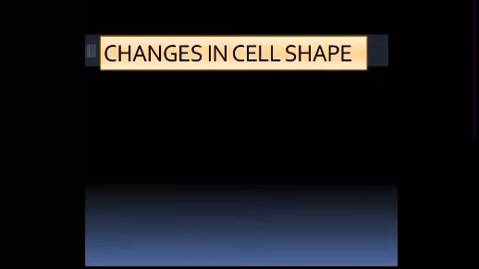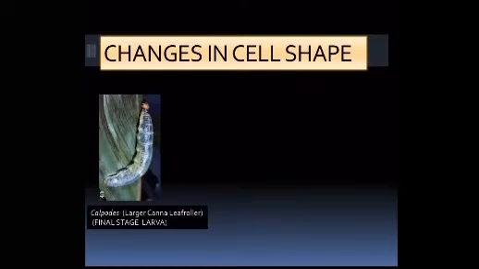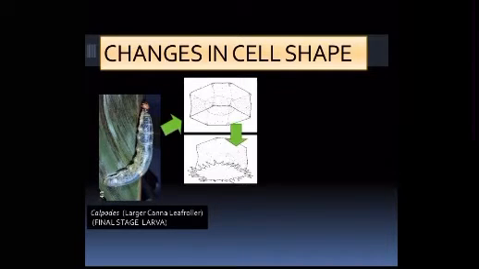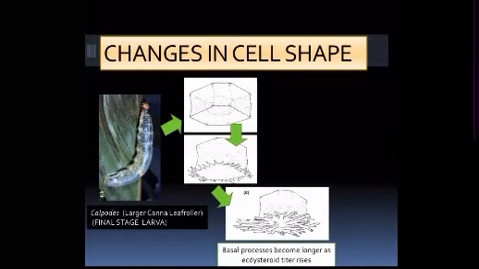Another example of change in cell shape is Calpodes, which in its last instar larva develops basal processes. As you can see, these are the basal processes which are developing at the end of the cells. These basal processes become longer as the ecdysteroid titer rises.